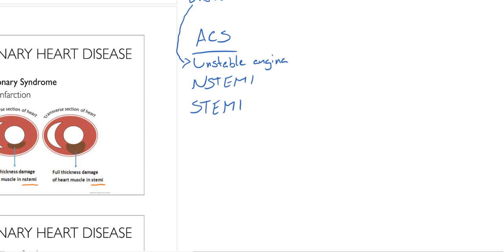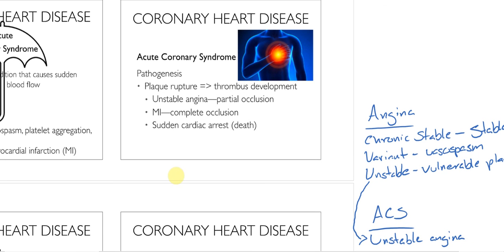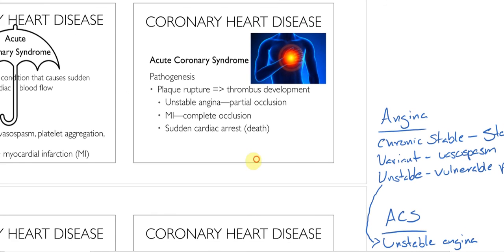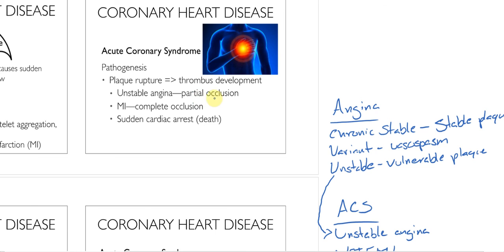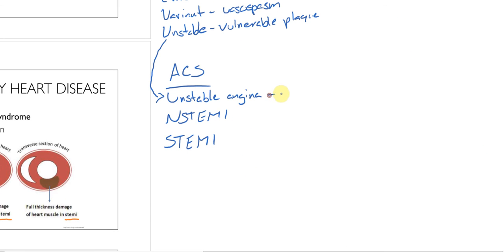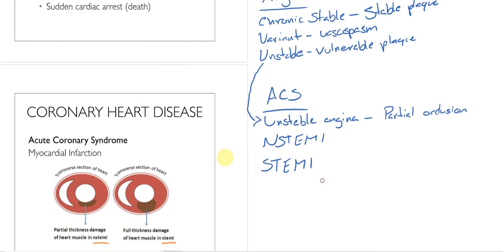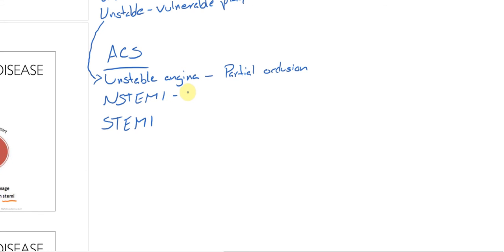So the difference here, going back to here, unstable angina is a partial occlusion, whereas in both forms of MI, there is a complete occlusion.